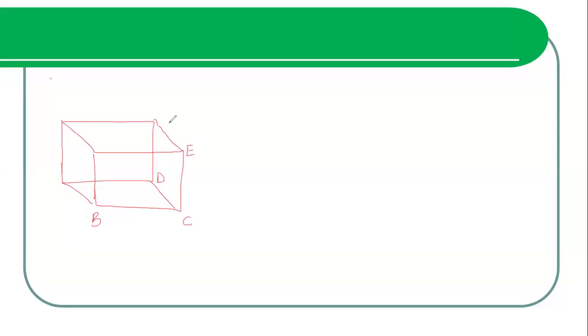So let me hope everyone has finished writing the first question. You draw your cuboid. So that is our cuboid. We have 3 centimeters, 4 centimeters, and 7 centimeters.